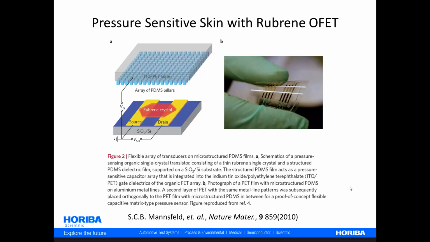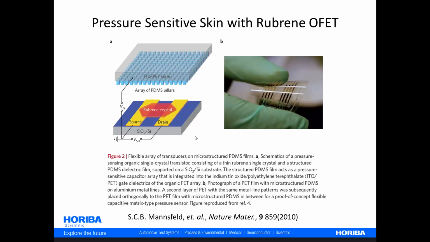All right, well, one of the compounds that I mentioned that's frequently used is rubrene, and in this diagram that you see here, it's rather helpful that the authors in their sketch show a rubrene crystal as the active medium in their transistor. Now, why do I say that?